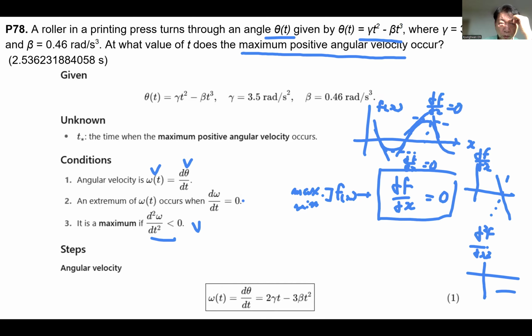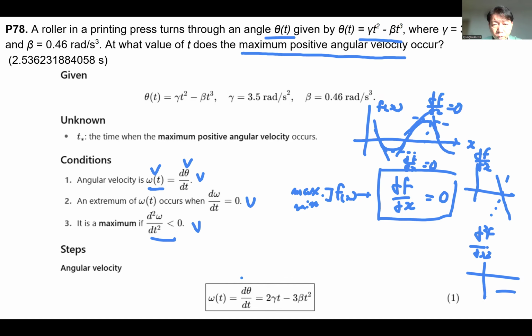So this is the whole thing. Theta is given, and then we can find the angular velocity by directly taking a derivative, and then find the extremum, taking the derivative d omega/dt equal to 0. But what we need to find is the maximum, so we should keep this condition.